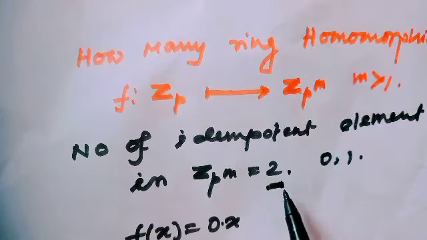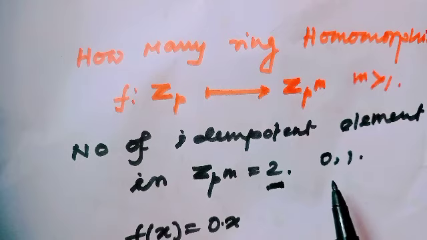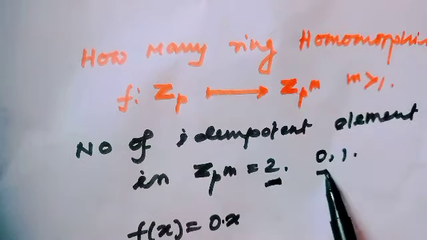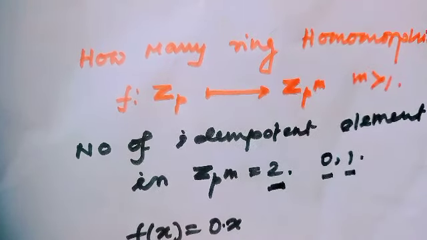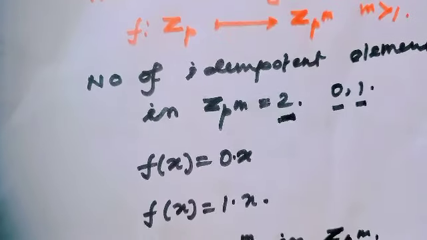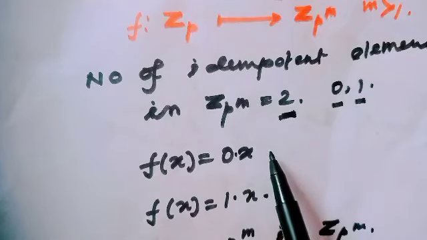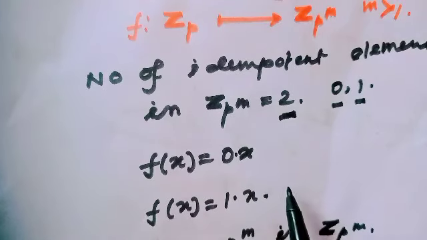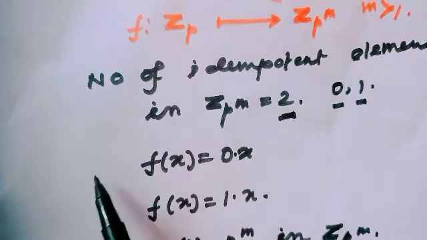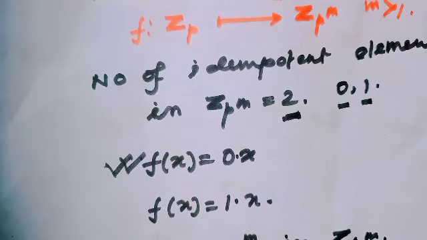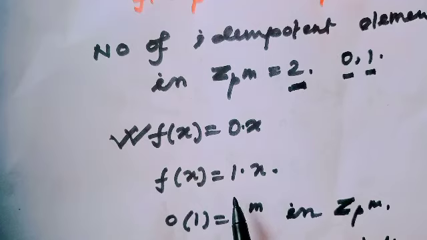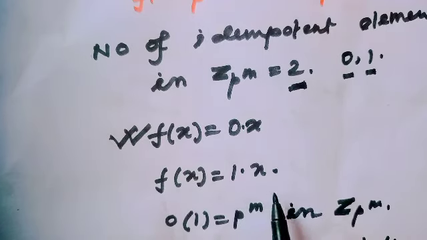So since this is an integral domain, the only idempotent elements here are 0 and 1. So there exist only two possibilities of ring homomorphism, f(x) equal to 0x and f(x) equal to 1x. And f(x) equal to 0x is always possible because this is the trivial ring homomorphism. Now we have to check f(x) equal to 1x.